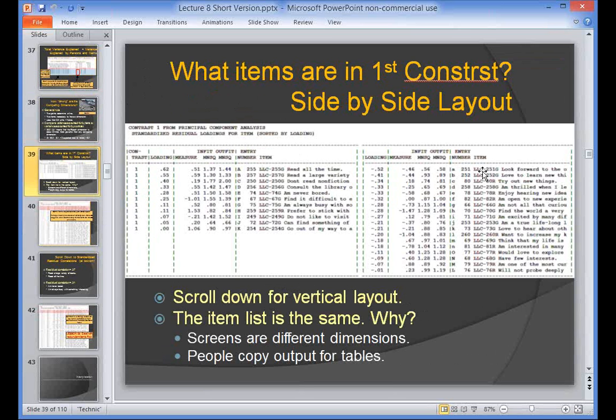Do you guys see that? If you're on a netbook and your screen is kind of narrow, you might miss the second column of items over here.